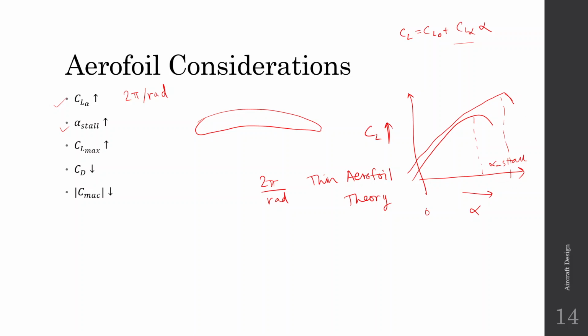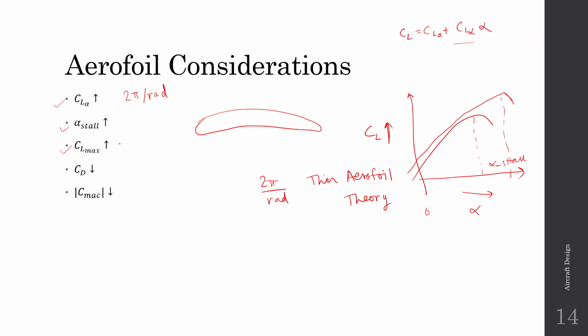Then we can pitch it up, or we can fly at high angles of attack, and we get more margin of safety. Obviously if your stall angle is 20 degrees instead of 12 degrees, then you get 8 degrees of additional margin to fly. So we want alpha stall to be as high as possible.